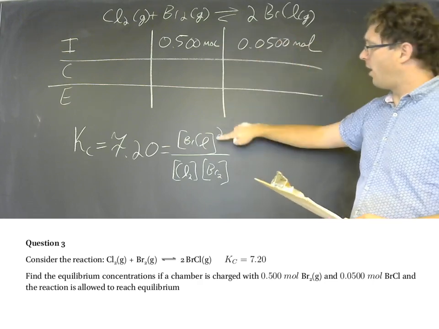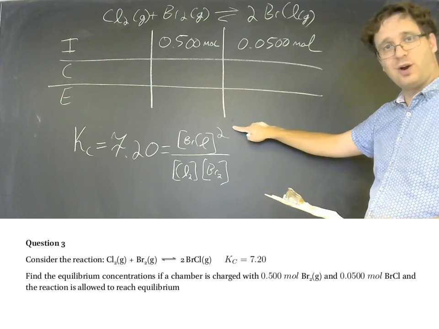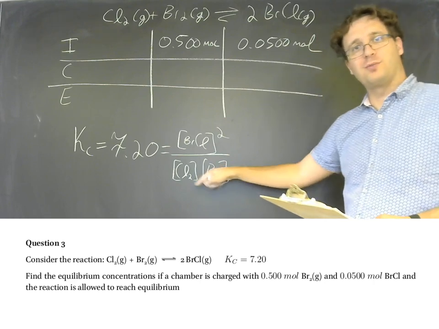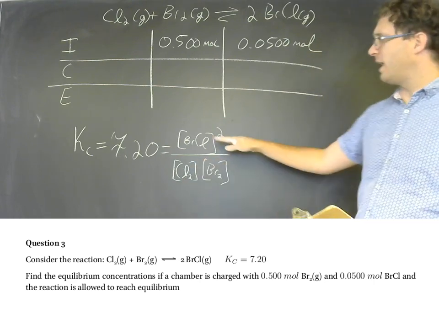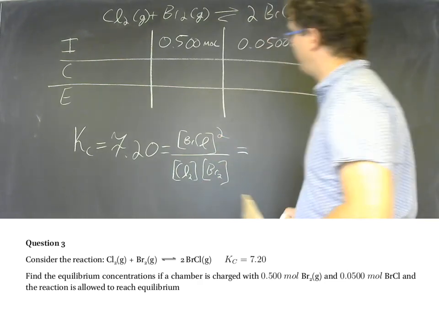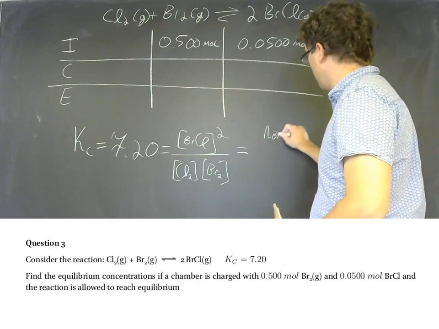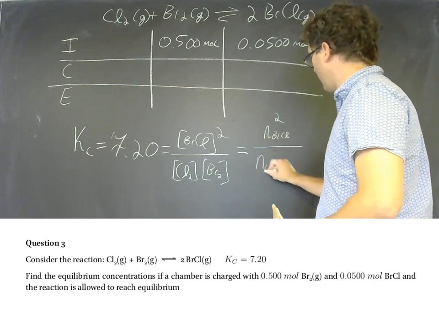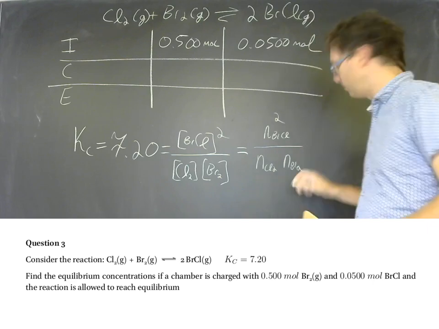Because our concentration here would be divided by the volume, and that would be squared. And each of these concentrations would be divided by the volume, and that ends up being volume squared. The volumes can cancel out of this formula. And so what you would end up with is n BrCl squared over n Cl2 n Br2.